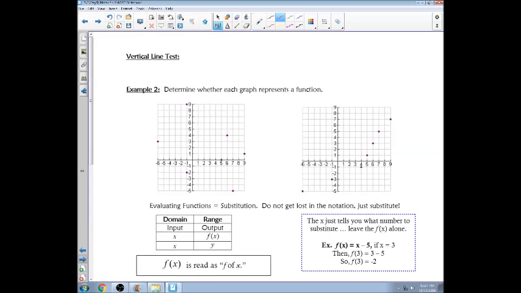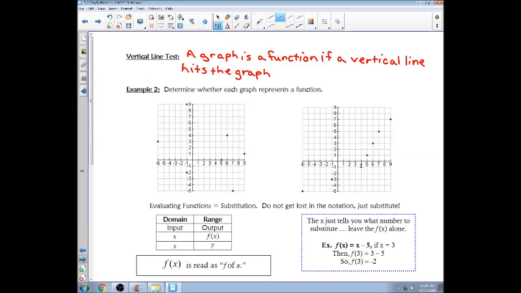The vertical line test. This is talking about graphs. A graph is a function if a vertical line hits the graph only once.